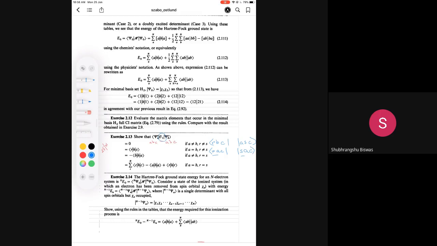You can, at most, write a string of occupied spin orbitals. This is a determinant of some size, and I don't know the size, and I don't know the normalization factor. Anyhow, that does not matter.